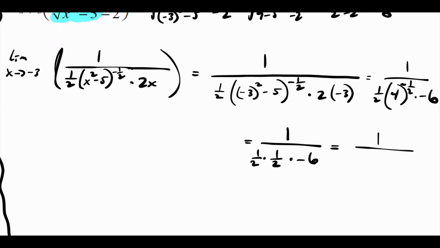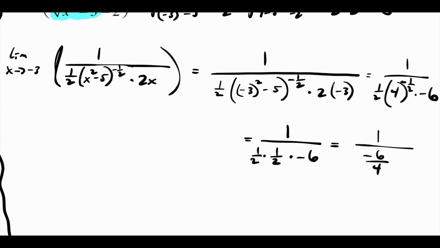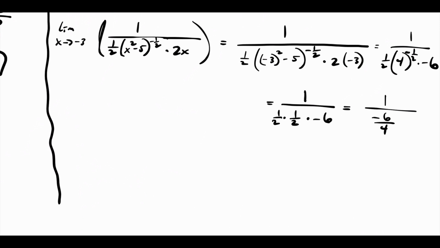Well, 1/2 times 1/2 is 1/4. Times negative 6 is negative 6 over 4, which reduces to negative 3 over 2.